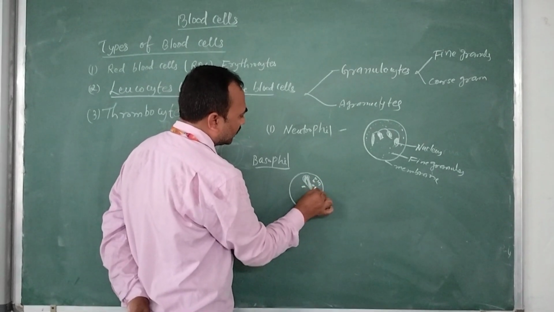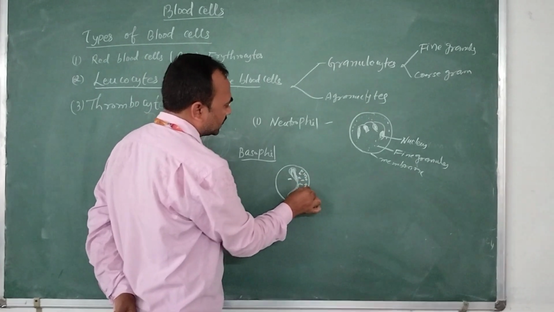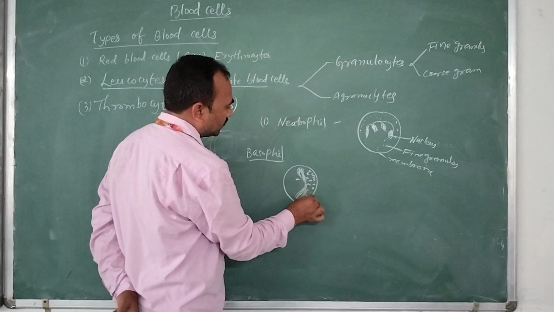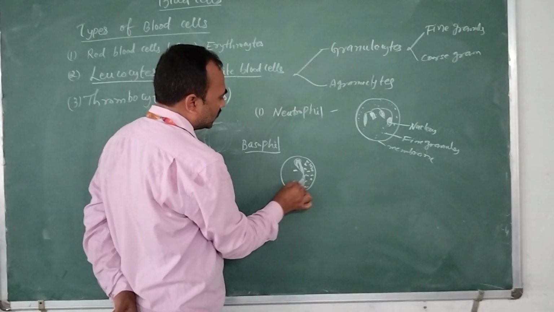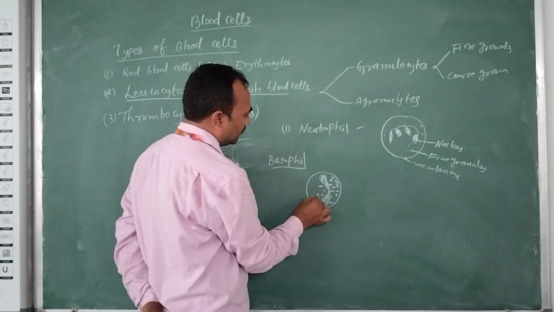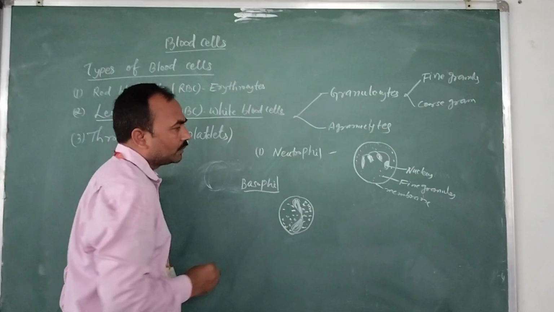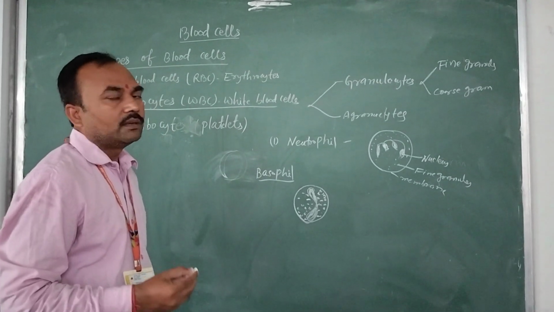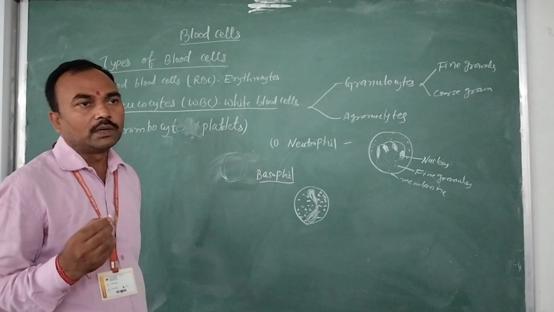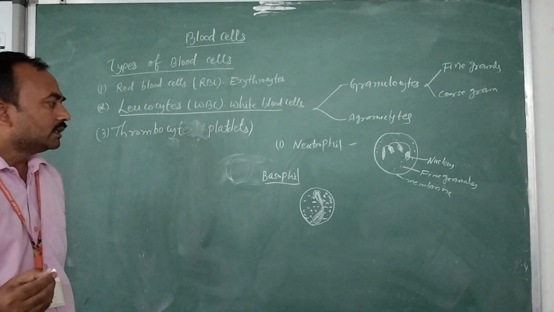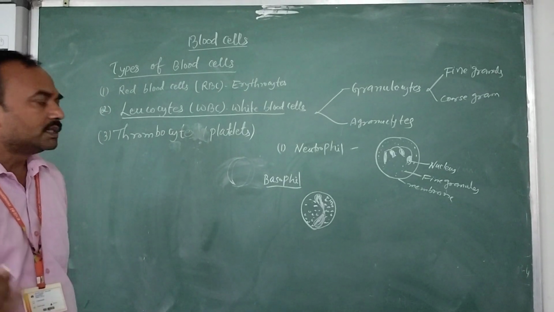Basophil contribution in the blood is just 0.2 to 5% of the total WBC cells. Neutrophil number is 40 to 71% of the total WBC cells.